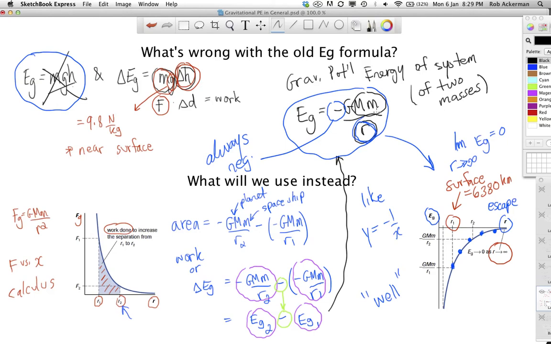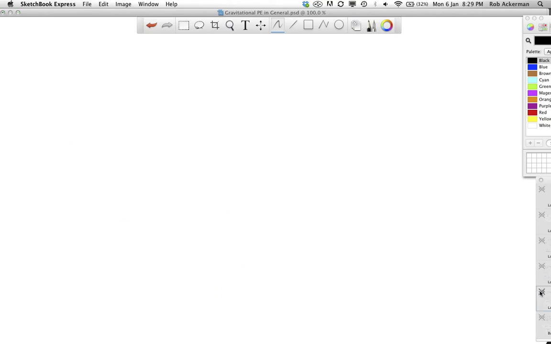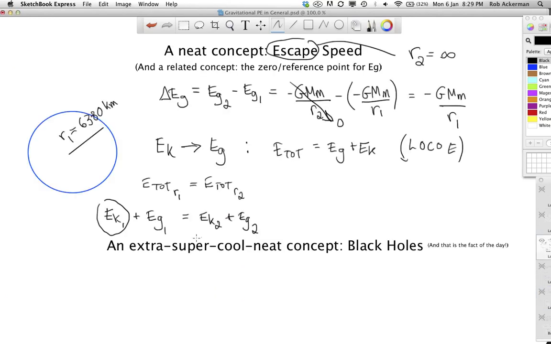Any two masses separated by some distance r, we can write that the Eg is negative GMm over r. So let's go do that now. And in here, that's what we'll sub in. So I'm going to start writing this over here. Ek, which you know is a half mv squared, when we launch, mv1, let's call it.